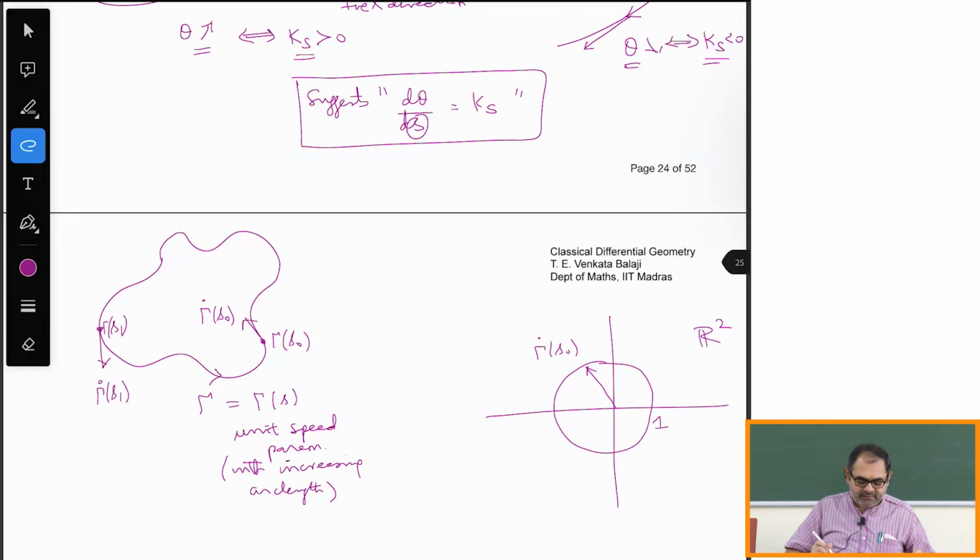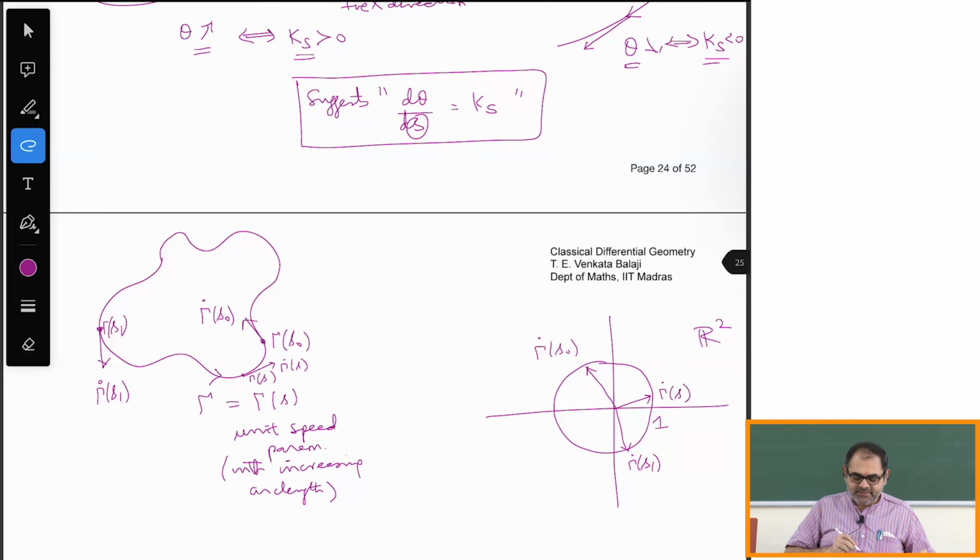This is again a unit vector, and it will be like this. In general, if you give me any point gamma s, I am going to get this gamma dot s, which is a vector like this.